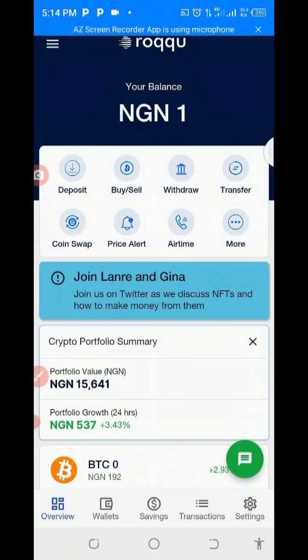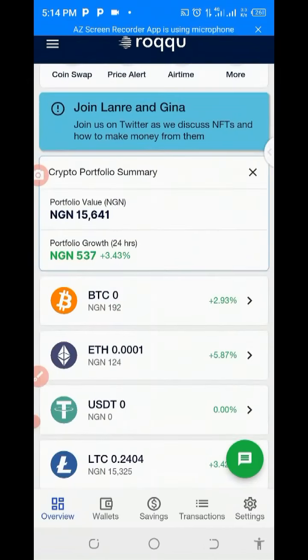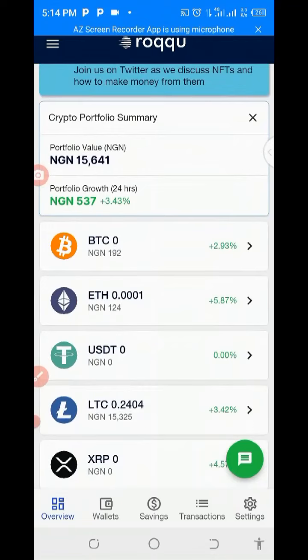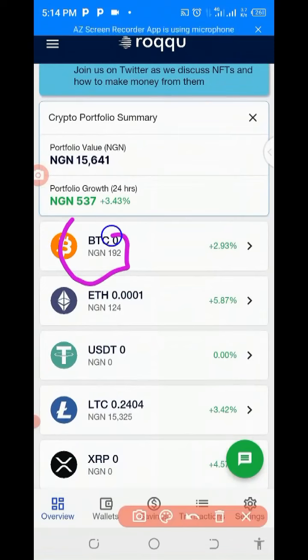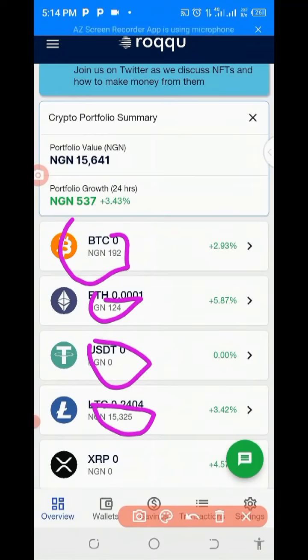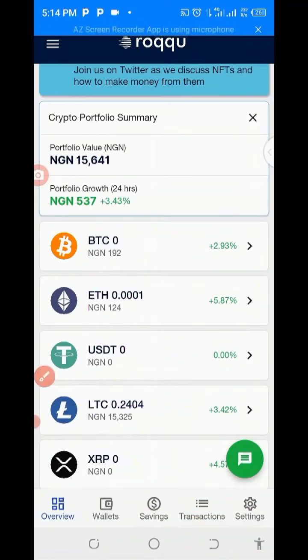As you can see, let me show it here. We have Bitcoin, this one is Ethereum, this one is USDT, and this one is Litecoin. So we have so many of all these.